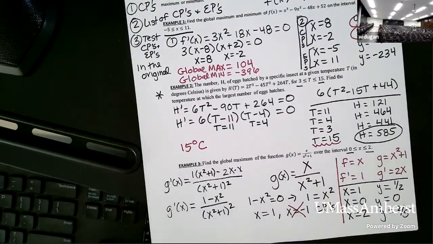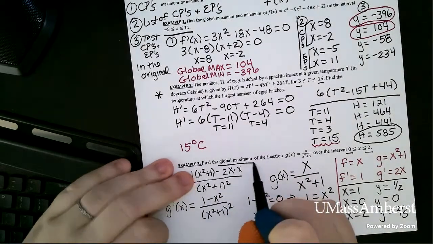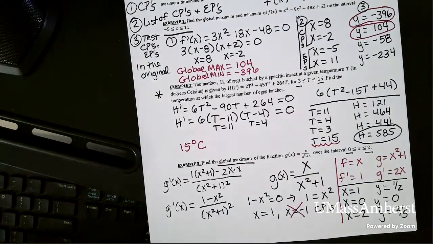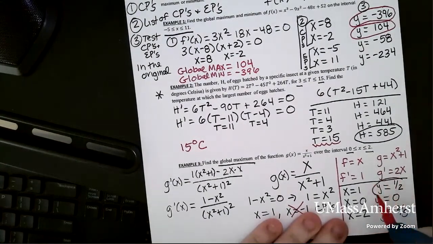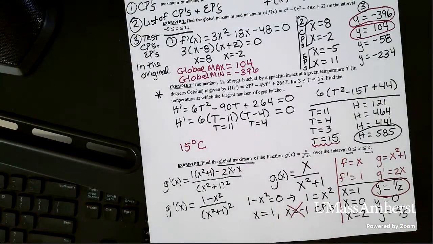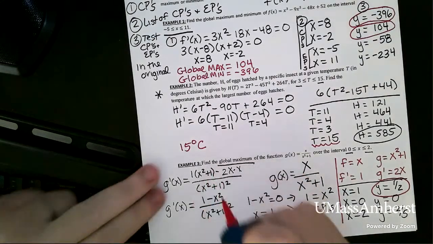So I have my y values, and in this one, I'm looking for the maximum. So the biggest value. And so 1/2 is bigger than 2/5 is bigger than 0. So here, my global maximum equals 1/2.